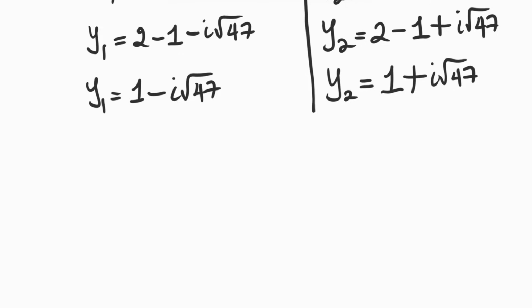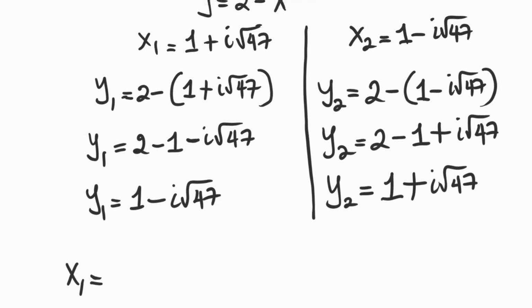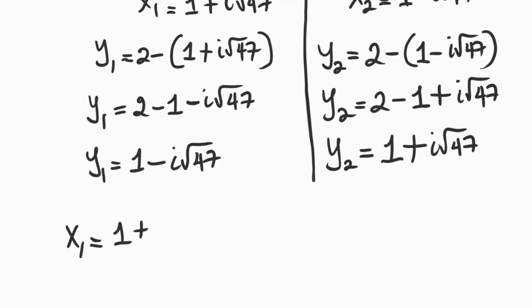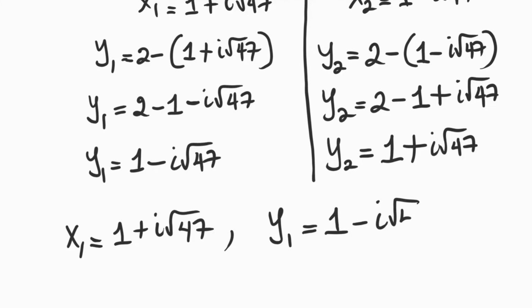So from what we have here, we can see that our x1 is equal to 1 plus i root 47, and our y1 is equal to 1 minus i root 47.